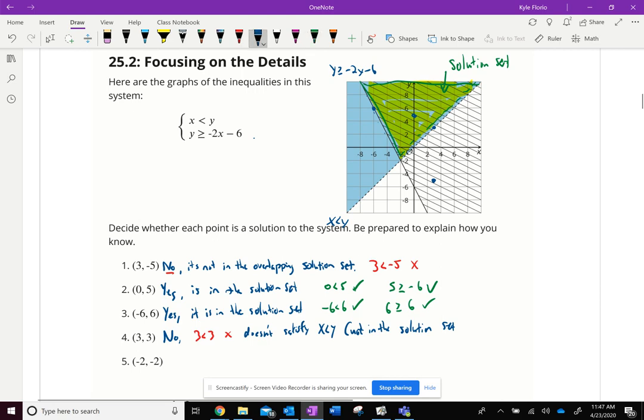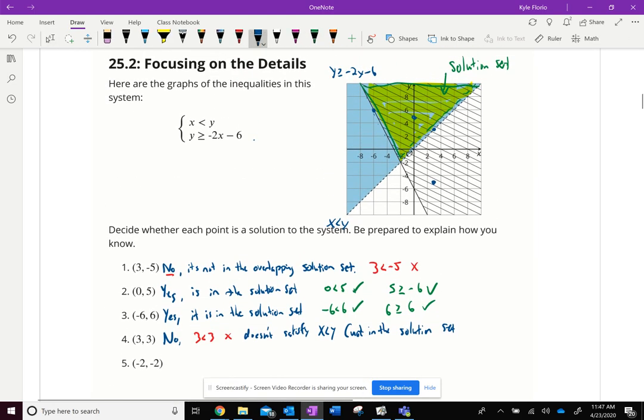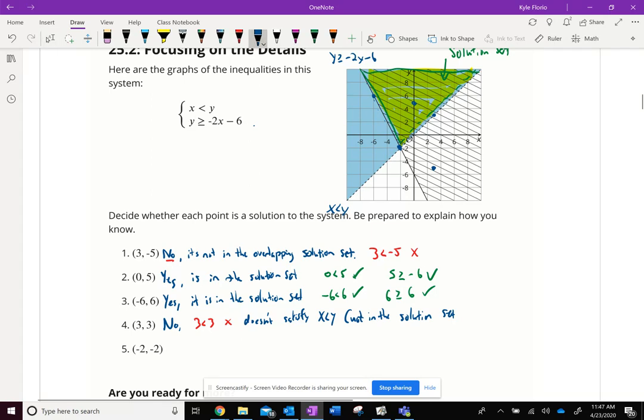And last but not least, is (negative 2, negative 2) in there? That's right here. Again, that's going to fail just like number 4 did. It's on the dashed line, and if you're on the dashed line, you're not actually a solution. It's going to fail the first one again.